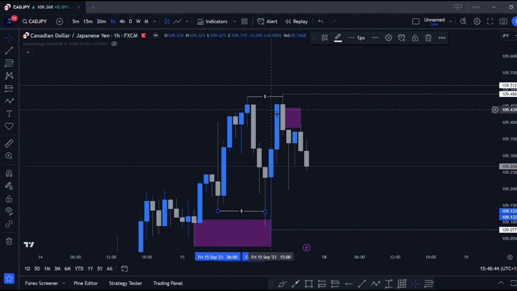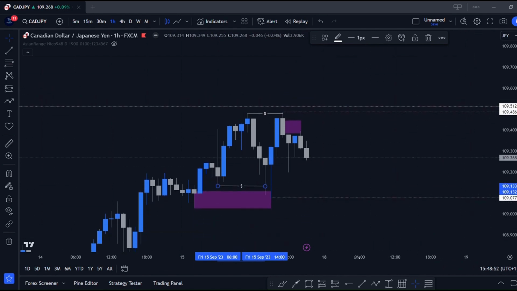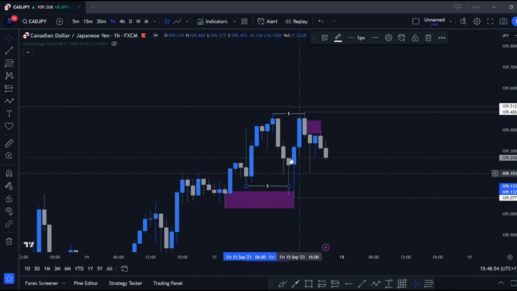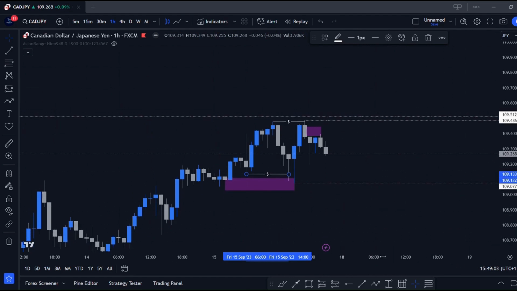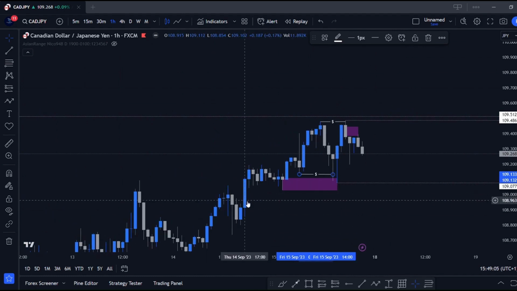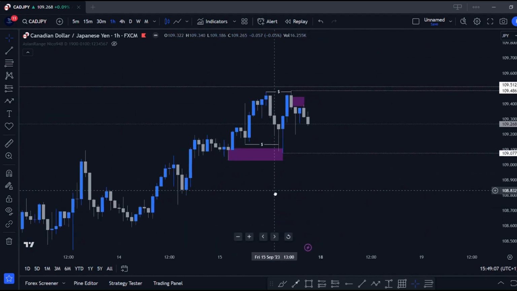So normally when I look at this, I see it as a change in current market sentiment, meaning there might be a change from buyers to sellers in the short term. Keyword: short term. Because if we look here, there are still imbalances that price can come and accumulate before going to the upside.